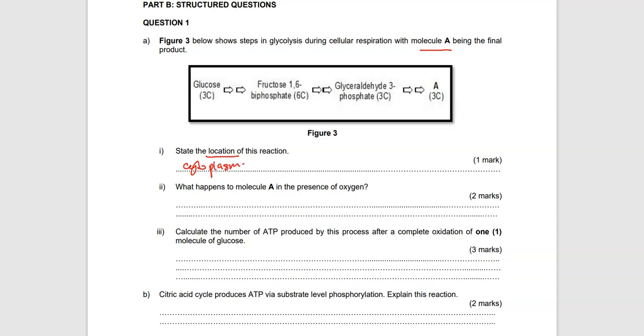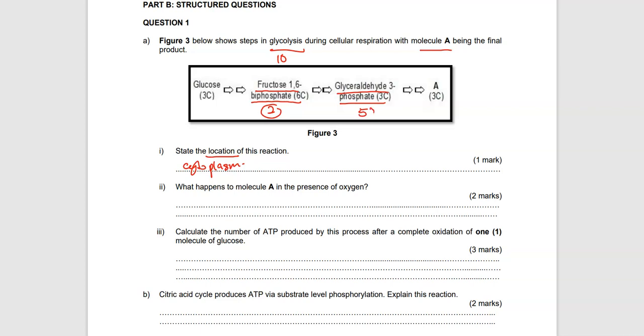cytoplasm. Okay, so glycolysis consists of 10 steps. Okay, so the reaction that you see here is the reaction that produces fructose 1,6 biphosphate, which is step 2. The production of glyceraldehyde 3-phosphate or G3P is the product produced at step 5.